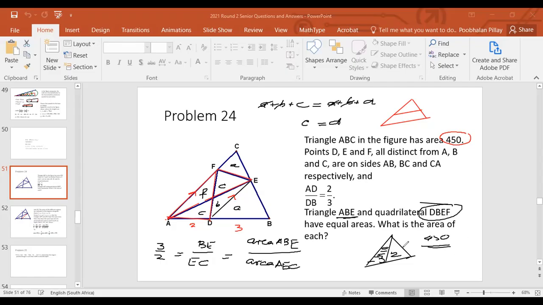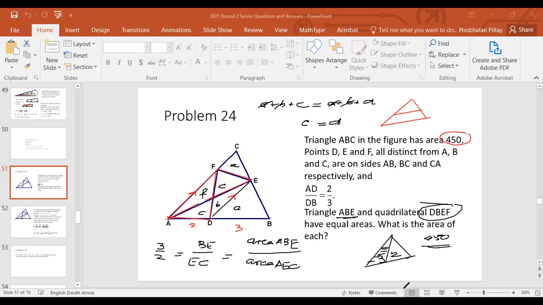So what do we know? We need to find the area of this. So in other words, we have to divide 450 into the ratio 3:2, right? And that's easy because then it's 3/5 and 2/5.